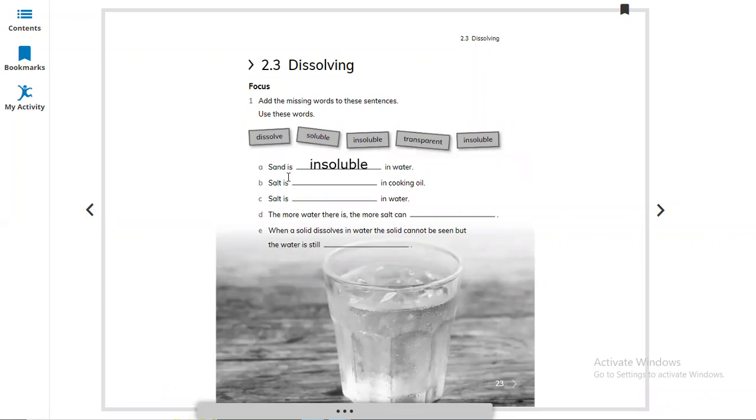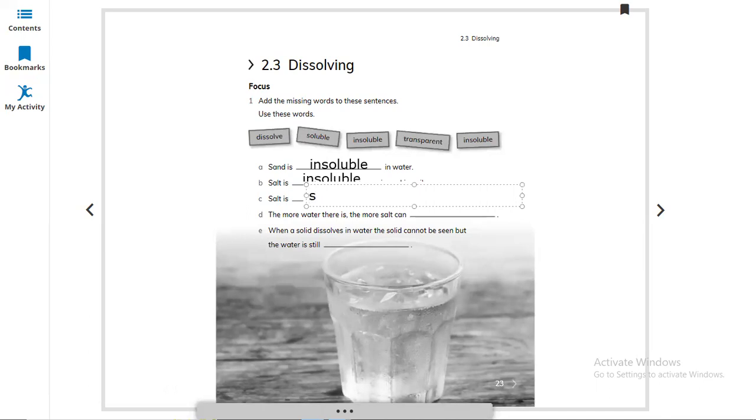Salt. What about salt? Salt is dash in cooking oil. Also, it's not dissolved in cooking oil, so insoluble also. What about salt in water? Soluble easily.